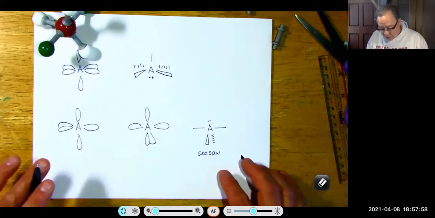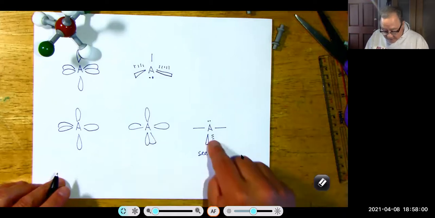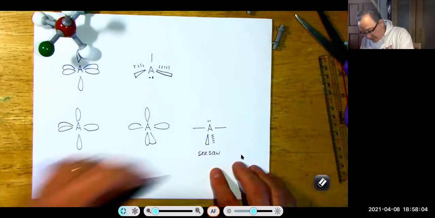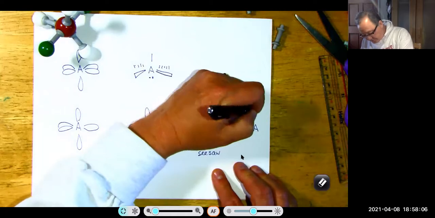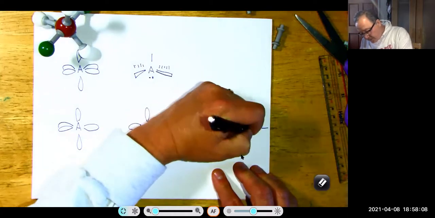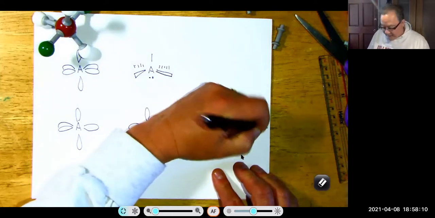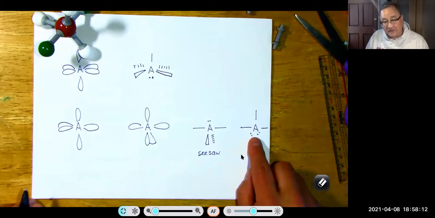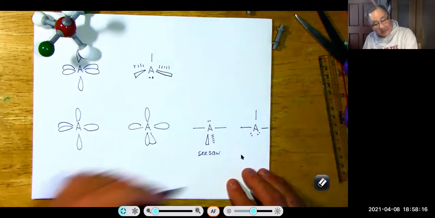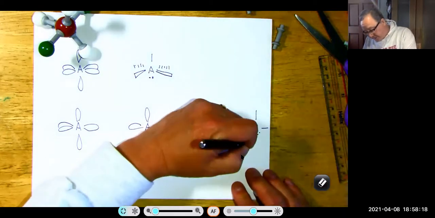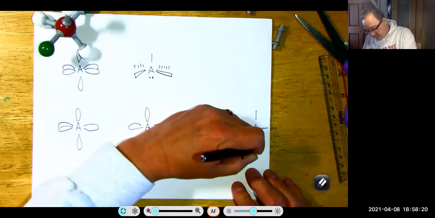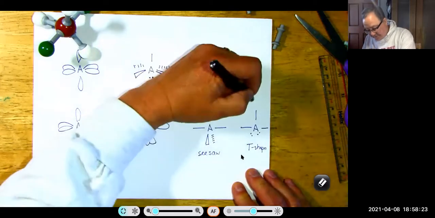Now, when you draw the second one, the next lone pair also goes on the equatorial. But in this case, what you want to do is put the lone pairs on the wedge and the dash. And if we rotate that 190, or 180, I'm sorry, you can see that this is T-shaped. So here I'm going to rotate it.